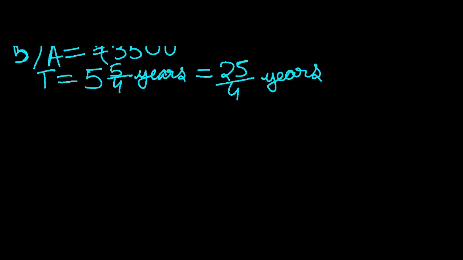And now see friends, when we are converting this 5 by 4 years to 25 by 4 years, actually we are converting this mixed fraction, 5 by 4, to an improper fraction, which will be easier for solving our sums.